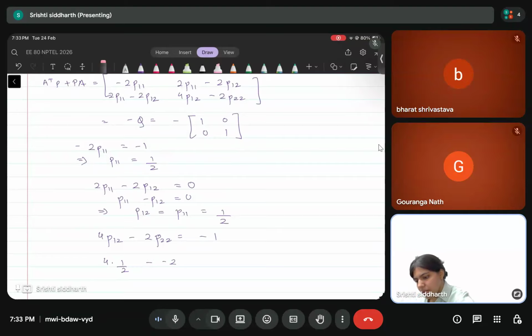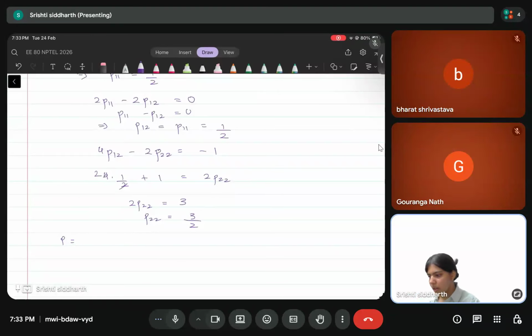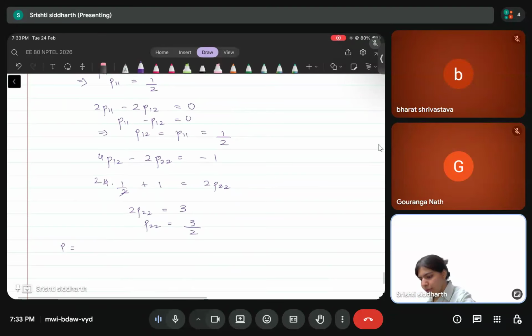Sorry, this is plus 1 equals 2P22, so P22 is 3/2. So P is half, and then we also have half here and 3/2.